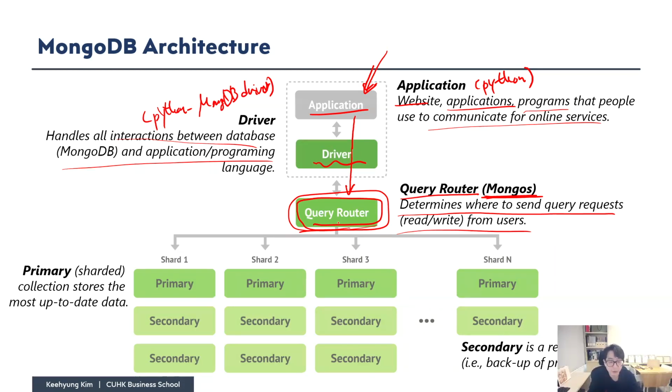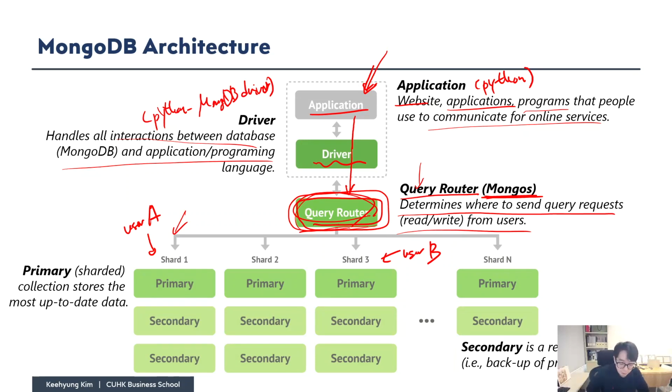So based on the earlier example, user A information is stored in shard 1. User B's information is stored in shard 3. Then when the query is received, the query router will look at your query. And if the query requests user A data, then the query will be sent to shard 1 like this.